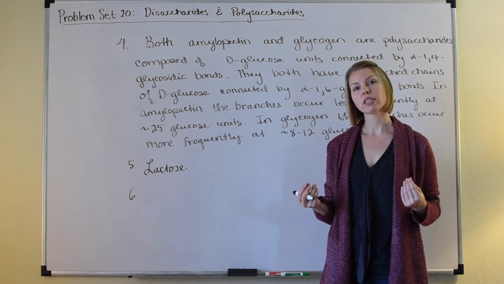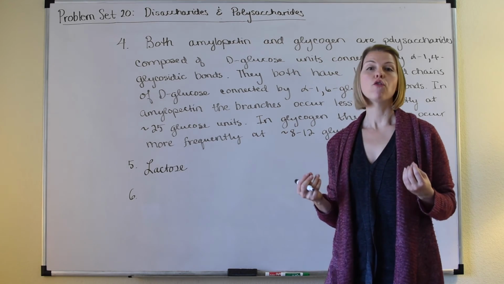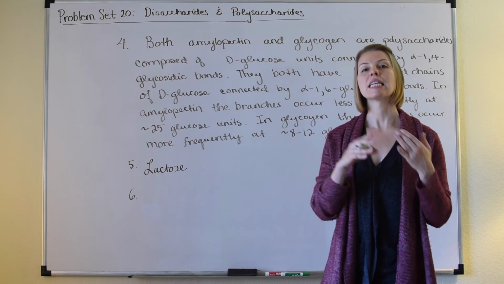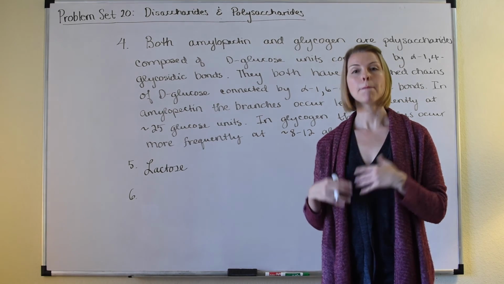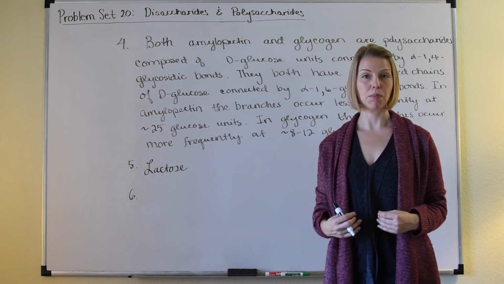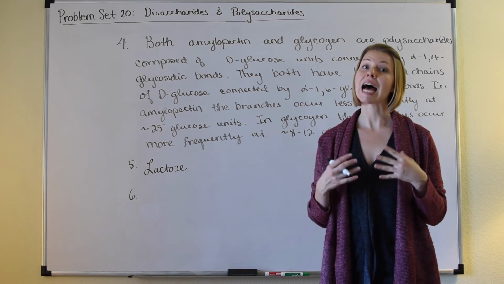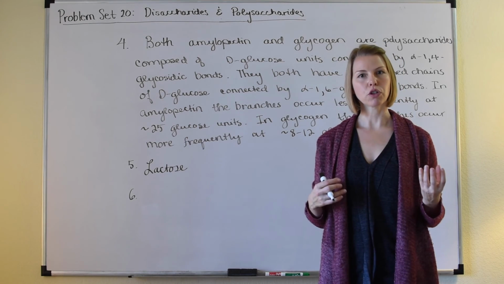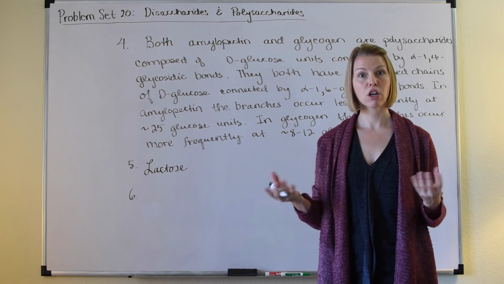So sucrose is a disaccharide formed from D-glucose connected to D-fructose by an alpha-1 beta-2 glycosidic bond. So when that acetal linkage is hydrolyzed, the D-fructose and the D-glucose are liberated.